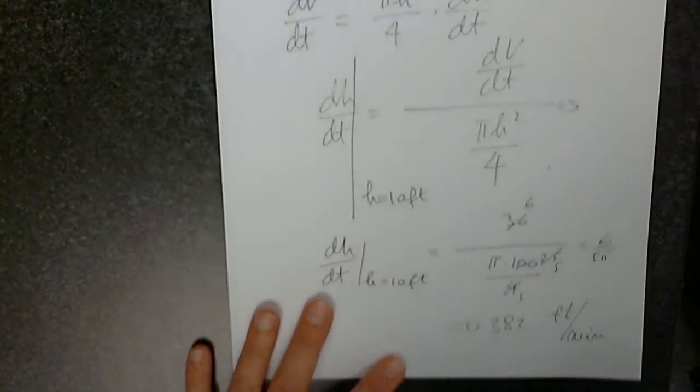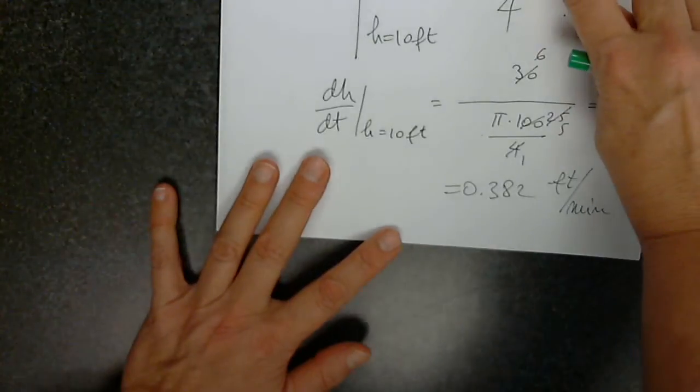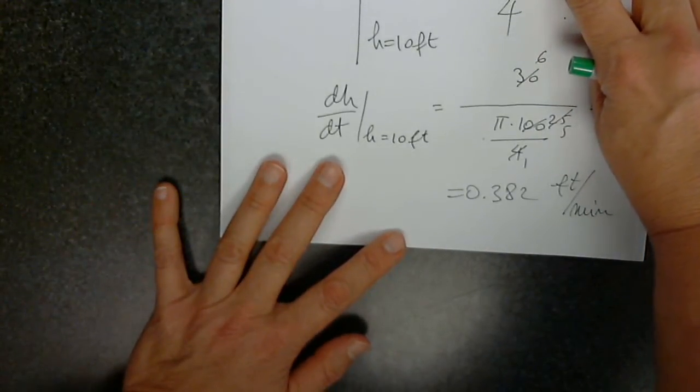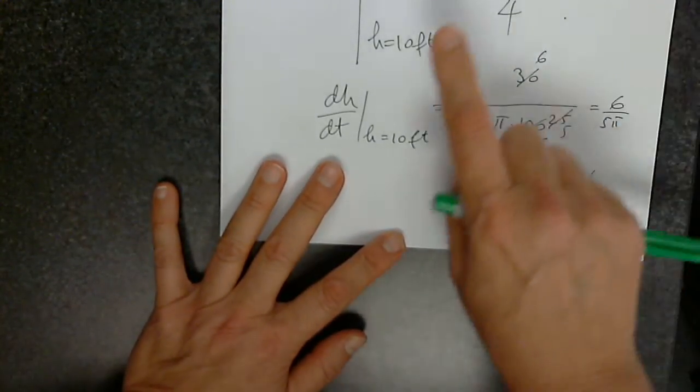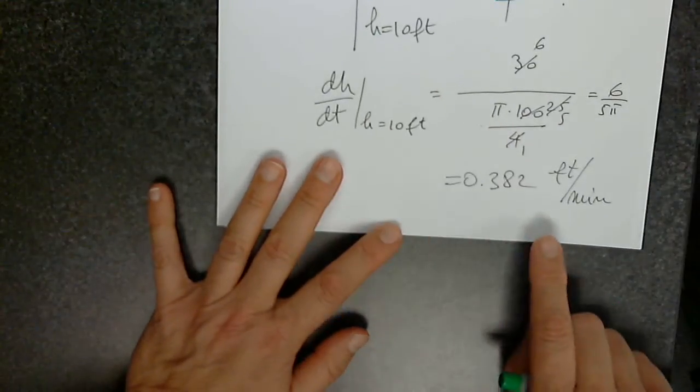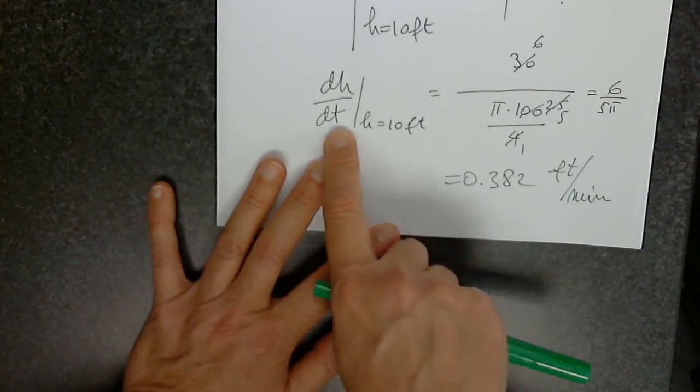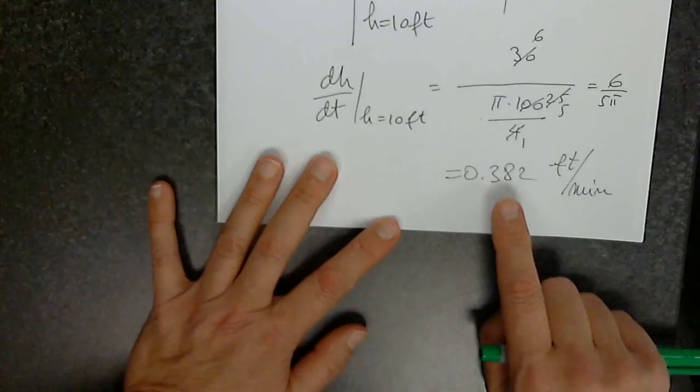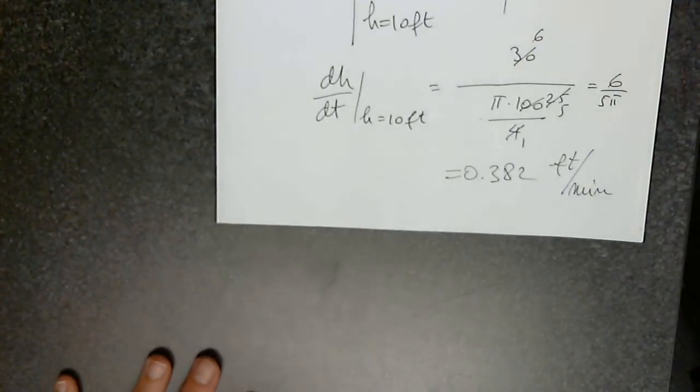When the volume rate is 30 cubic feet per minute and the height is 10, the rate of change of height with respect to time at that instant is 0.382 feet per minute. And this is what we call a related rates problem. Ready? Any questions?